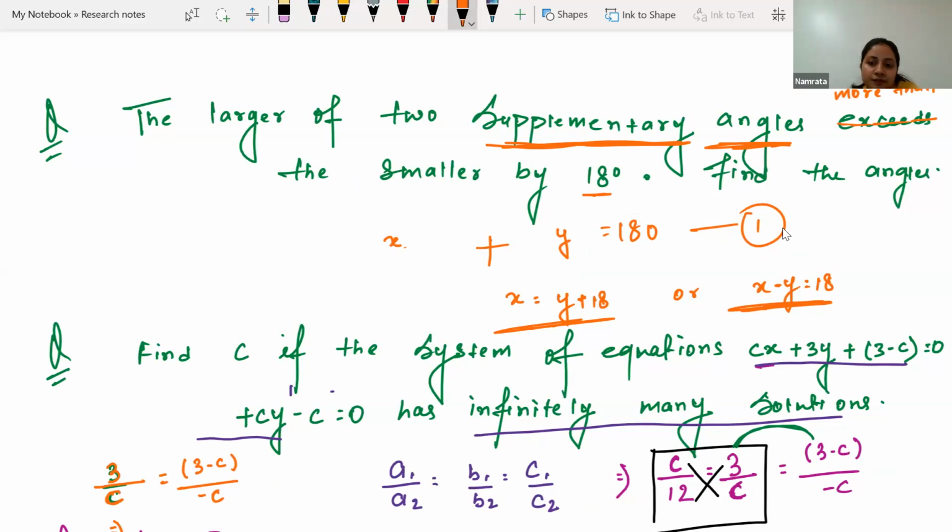Right, Harshit? Yes, ma'am. Please solve it and let me know what you are getting as the x value and y value.